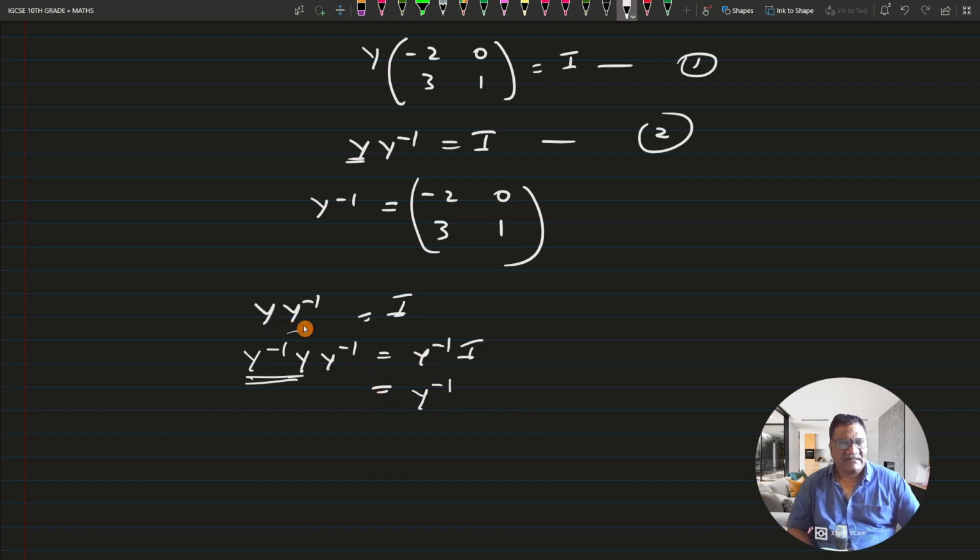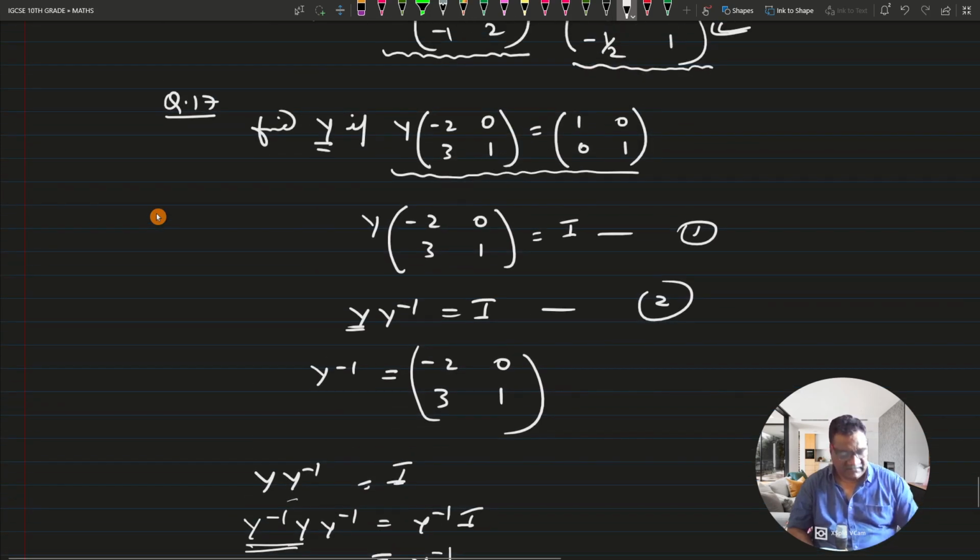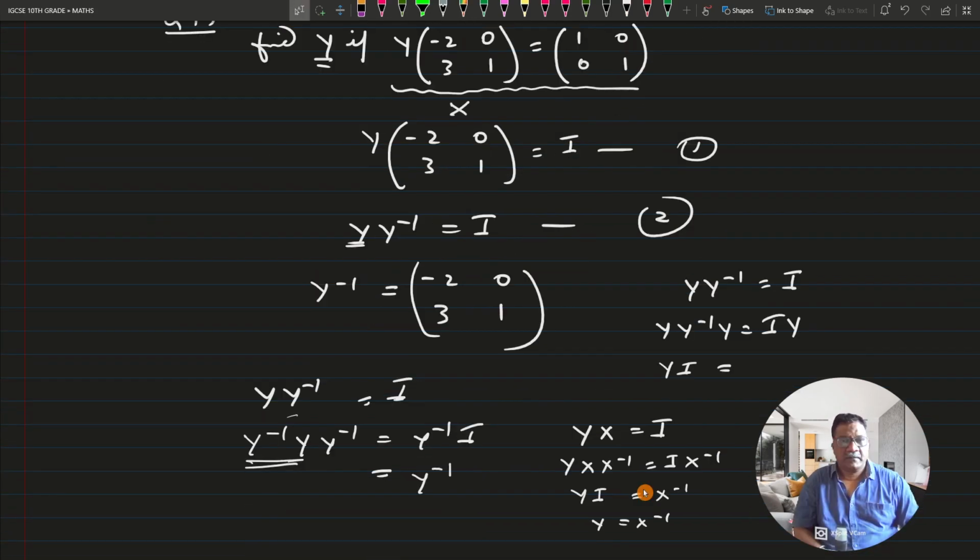And this will be, now this is a bit tricky one. So let us try to do it this way. Let this particular matrix, minus 2, 0, 3, 1, be x. So can we write equation number 1 as y into x equal to I?